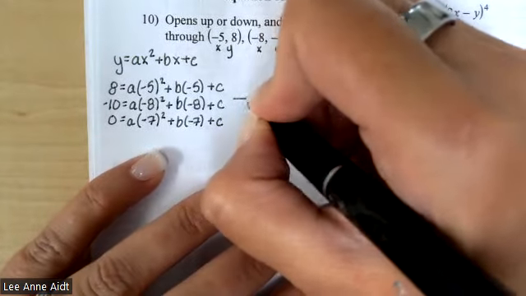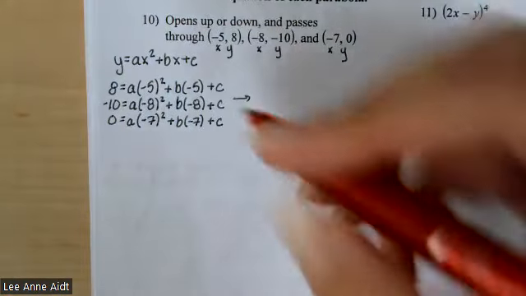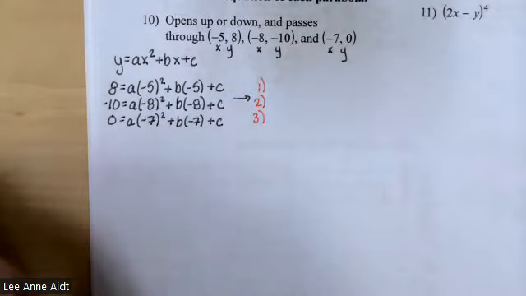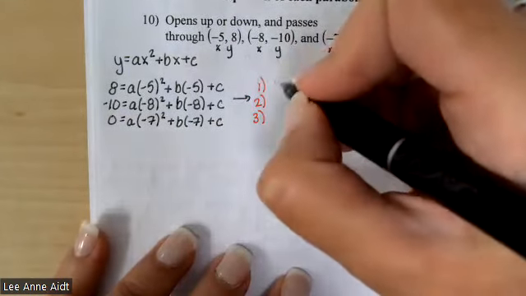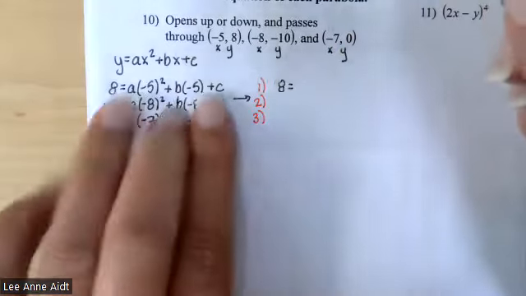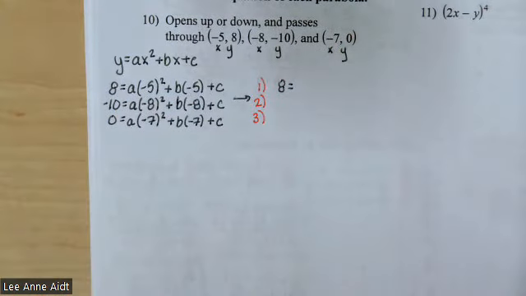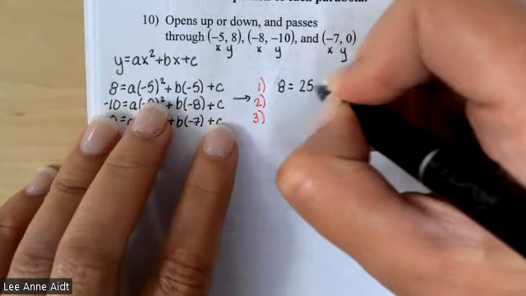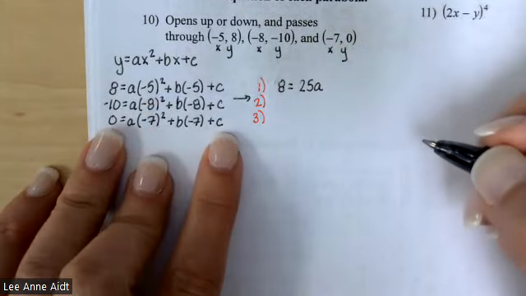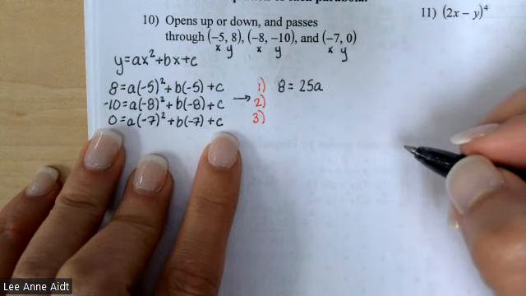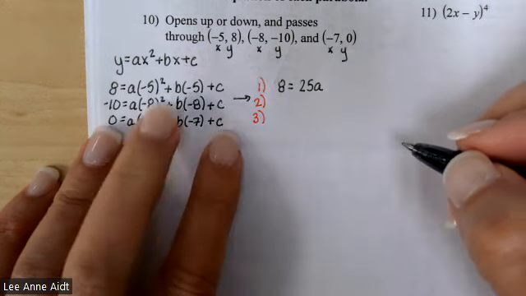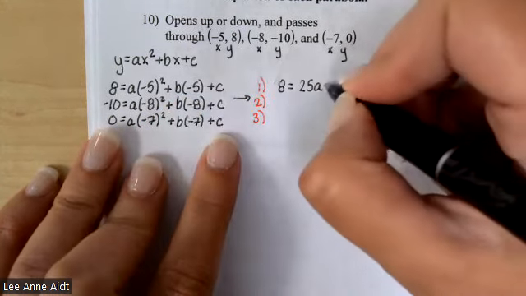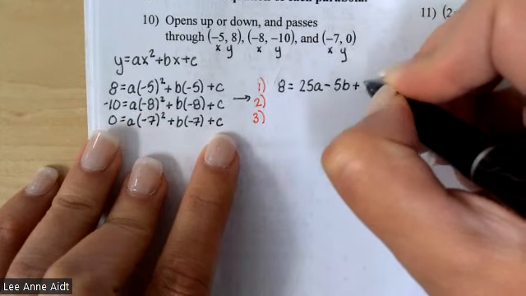Now, I'm going to label them 1, 2, 3. 8 equals, okay, what would this be? Yes, beautiful. 25a minus 5b plus c.